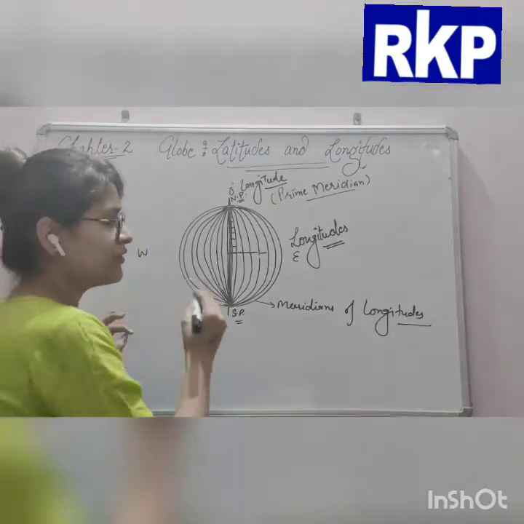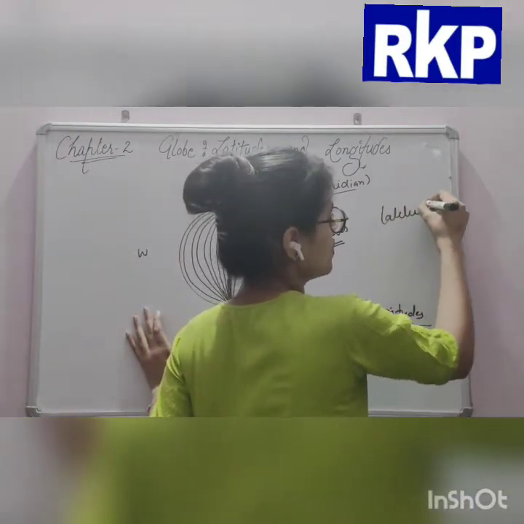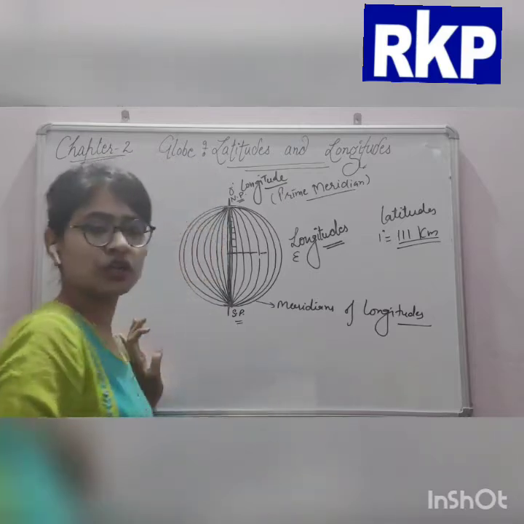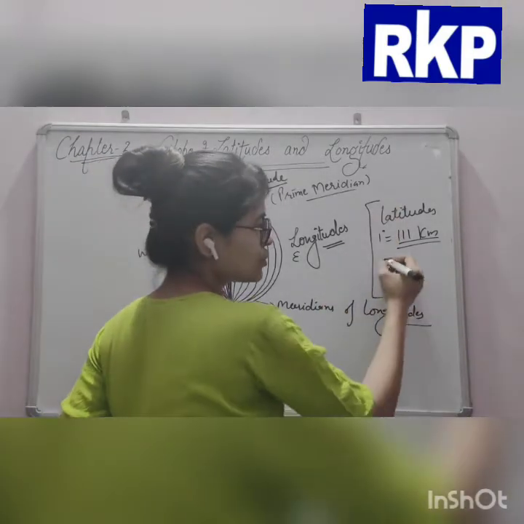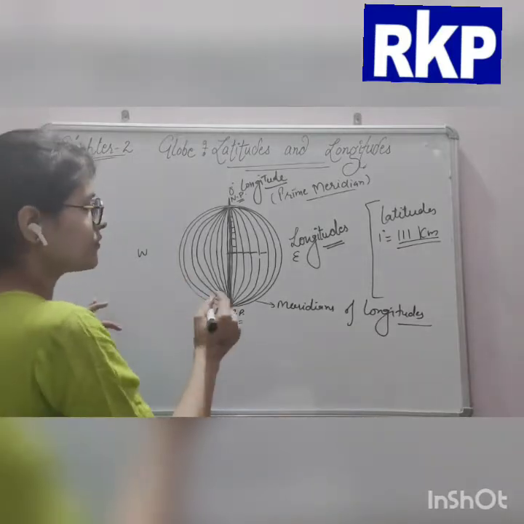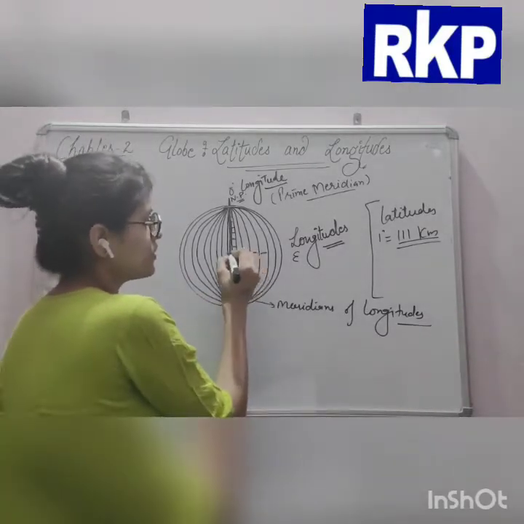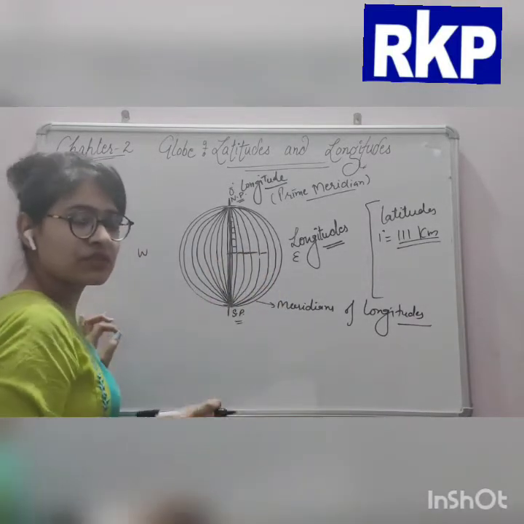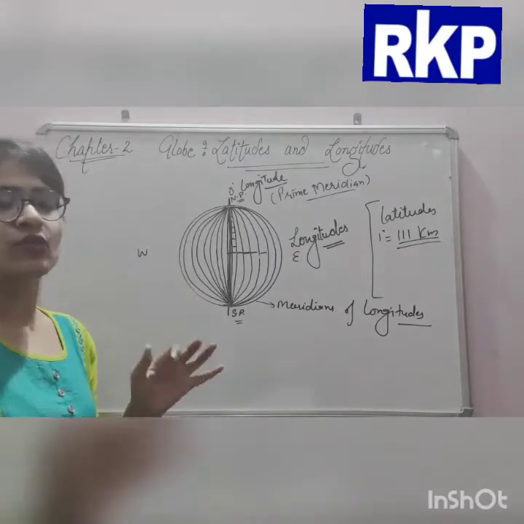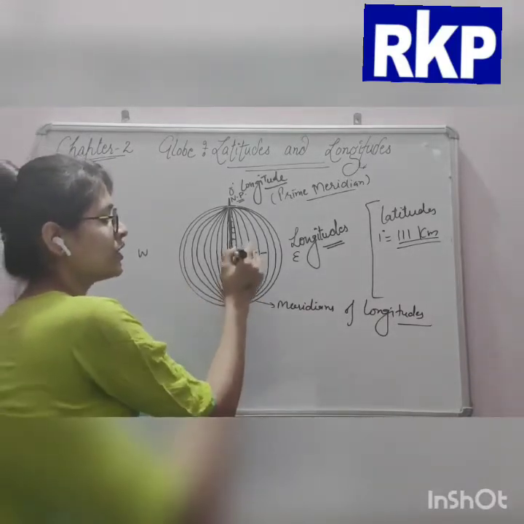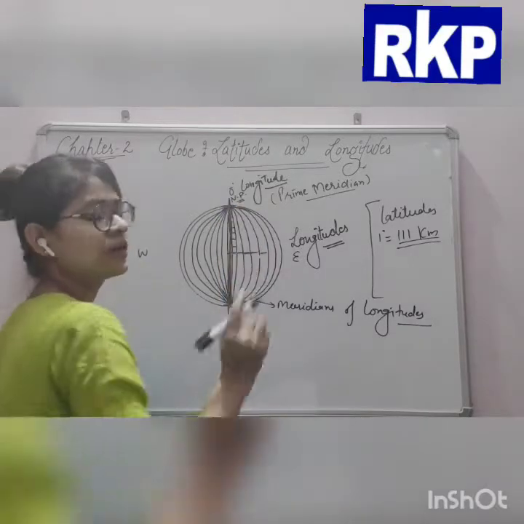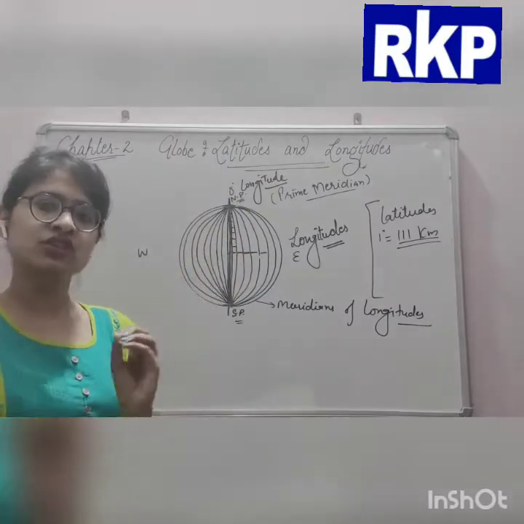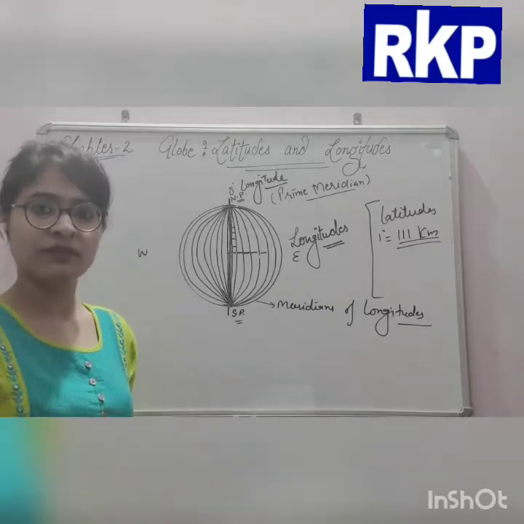The distance between latitudes was equal, 1 degree is equal to 111 kilometers. But for longitudes, the distance between the meridians is maximum at the center, and it decreases as we go toward the poles. When we reach the poles, it becomes 0. There will be no distance between them at all.